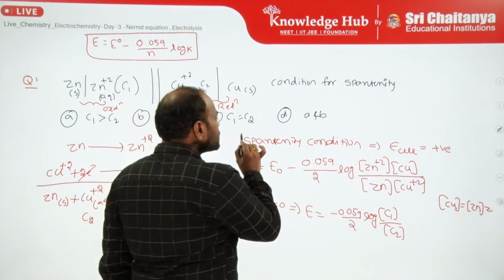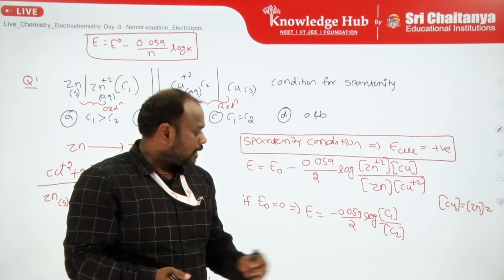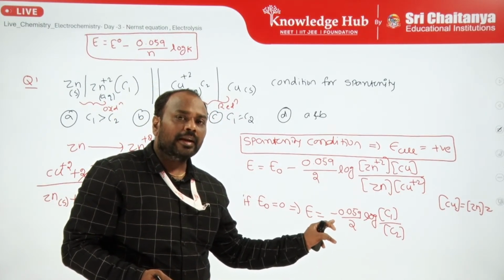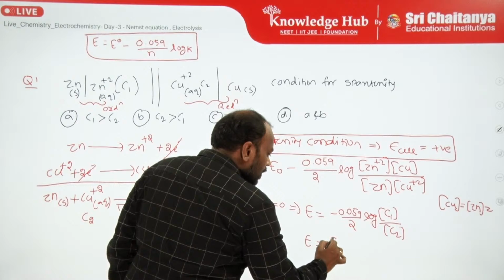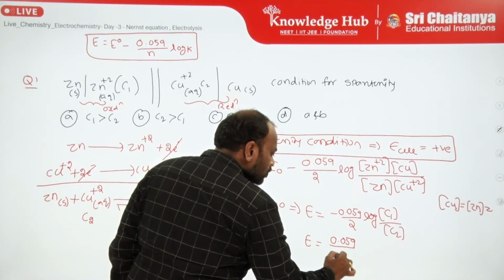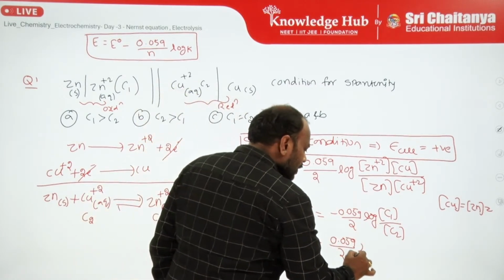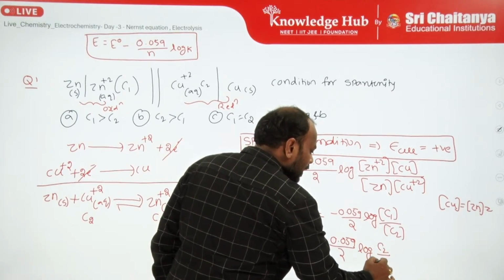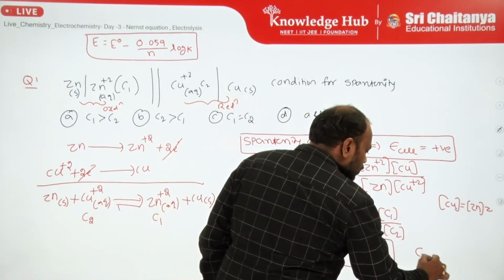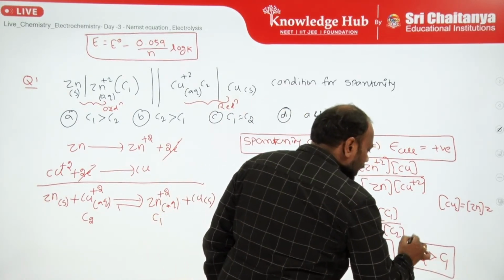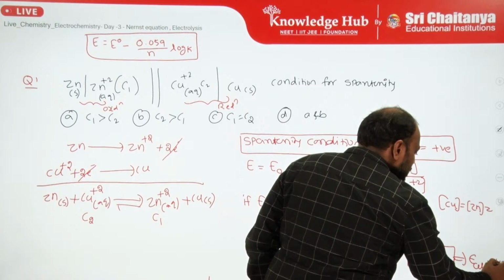But the spontaneity condition is that the electrode potential of the cell must be positive, while by calculation we are getting a negative sign. For getting positive, change the numerator and denominator: 0.059 by 2 log C2 by C1, minus became plus. We get a positive value if C2 is greater than C1, then the cell is spontaneous.